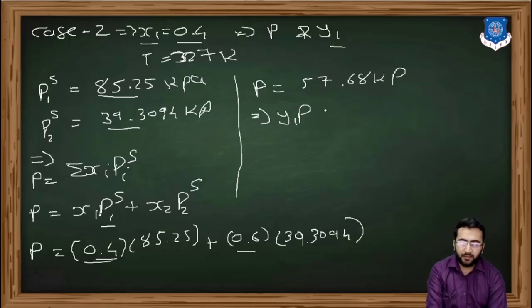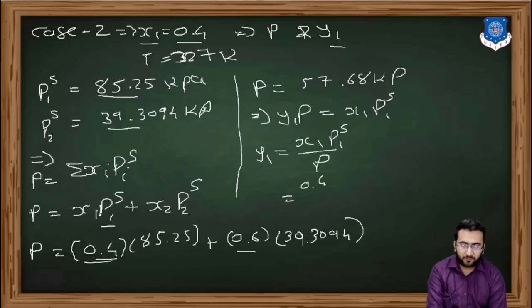then it is expressed by y1 P is equal to x1 P1 saturated, making y1 the subject because we want to find the value of y1. So this equation becomes x1 P1 saturated upon P. So the value of x1, which is 0.4, multiplied by the value of P1, which is 85.25, divided by the total pressure that we already found in this session, which is 57.68 kilopascal.